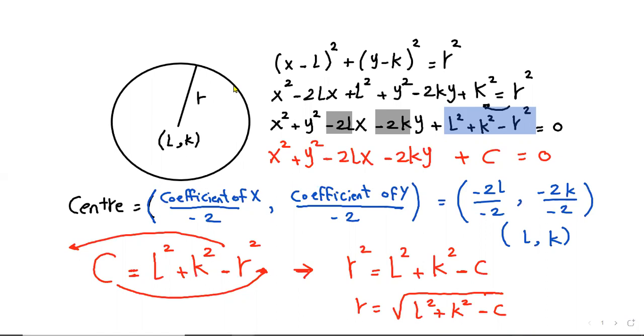This is the form of the equation x to the power of 2 plus y to the power of 2. The equation of the circle must contain x squared plus y squared, okay? And the absolute term here is c equals L to the power of 2 plus k to the power of 2 minus r to the power of 2.